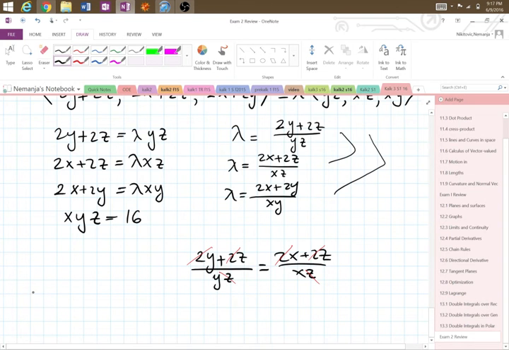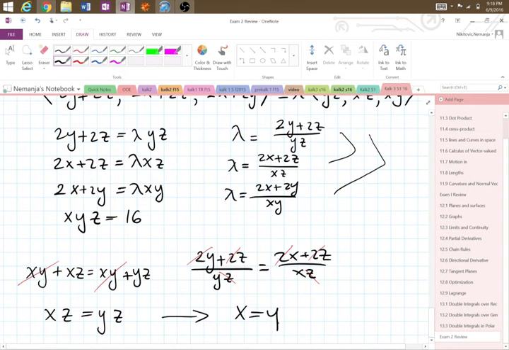Then you cross multiply, so it's xy plus xz is equal to xy plus yz. Then xy, when you subtract on both sides, goes away, and you have xz is equal to yz, from where you get that x is equal to y.